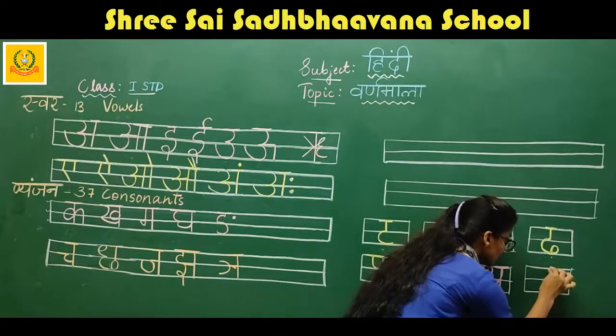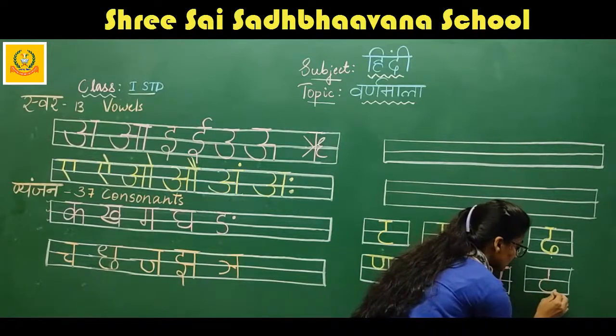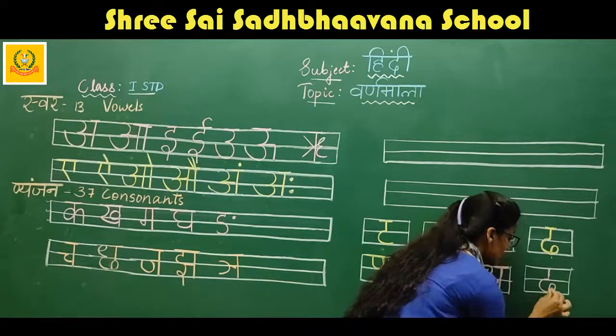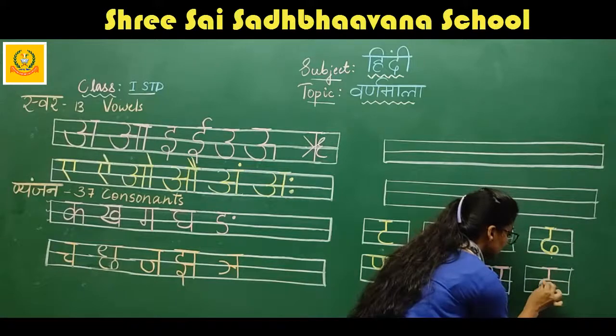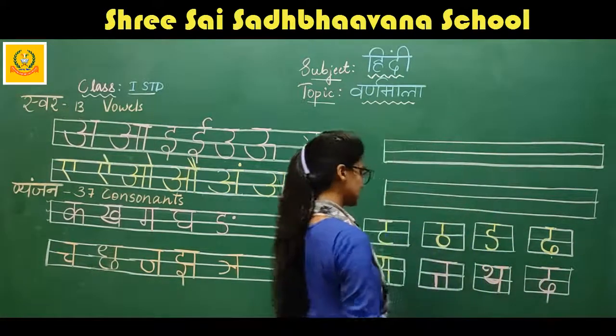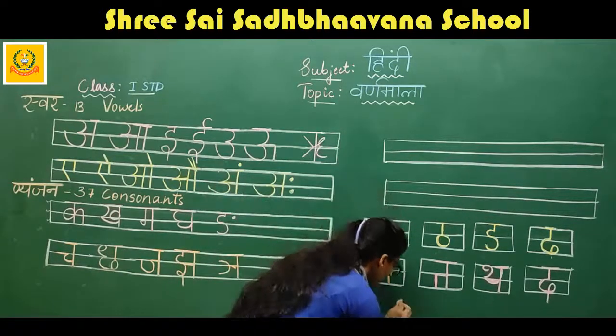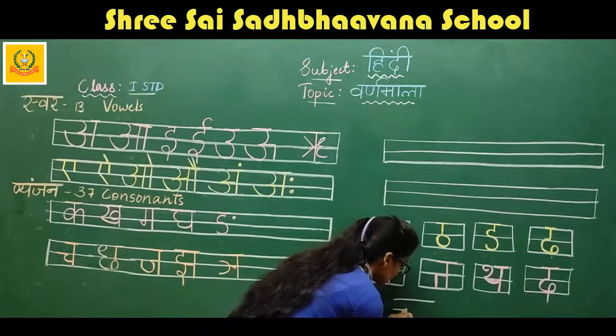The. One standing line, C, and like this. The. Next, the. How to write the? Next second, the.